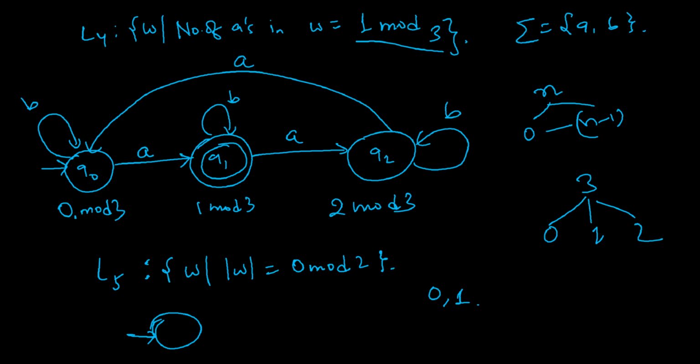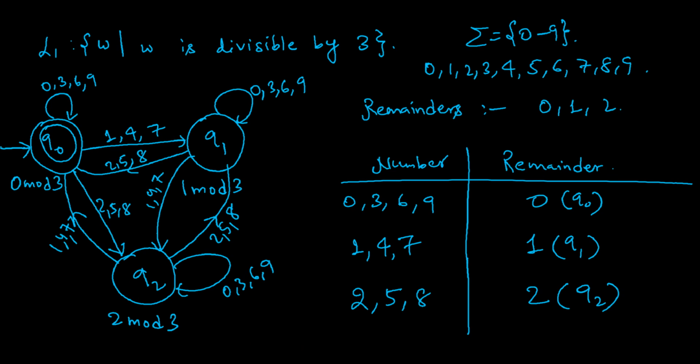If you see A or B, the length of the string so far is 1, which is 1 mod 2. This is Q1. From Q1, if you see another symbol, the length becomes even, so you go back to Q0 on A, B. This is Q0 and this is Q1. You want the length to be equal to 0 mod 2, so you make Q0 the final state. This is the DFA. So giving a DFA is easy if a DFA is possible.